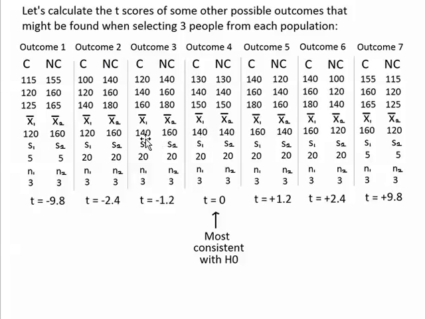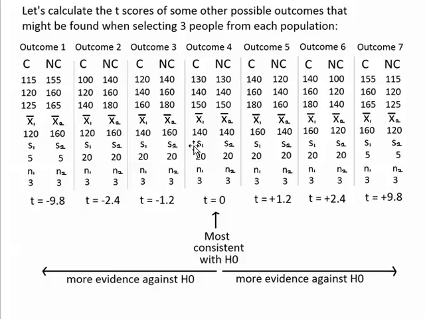The further apart the sample means are, the stronger and stronger evidence you have against that null hypothesis of equal population means. The further apart the sample means are, the more suspicious I would be that the population means aren't actually equal and that there actually is a difference between them. So I'm getting more convinced that H0 is false if I get one of these outcomes.